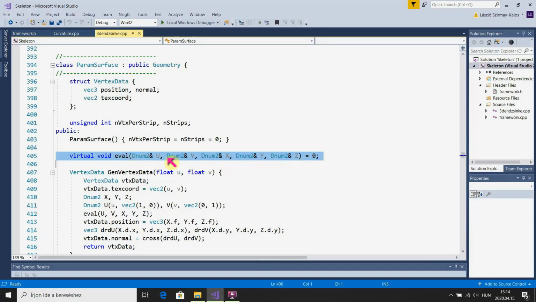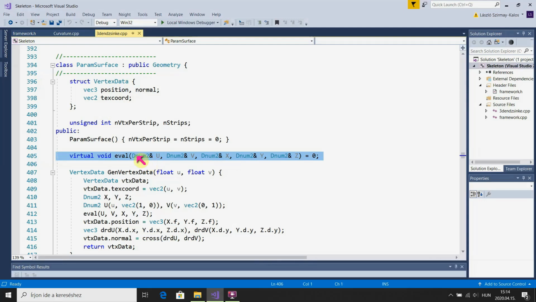Note that instead of using float types, all parameters are of dual number types, because we need not only the x, y, z Cartesian coordinates of the point, but also the partial derivatives with respect to u and v in order to compute the normal vector, because the normal vector of a parametric surface can be calculated as computing the partial derivative of the surface function with respect to u and v, and then taking the cross product of the two partial derivatives.